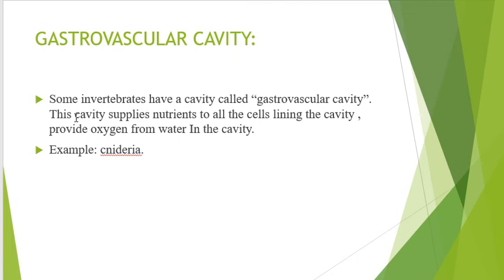In this cavity, the nutrients are supplied to all the cells in the cavity lining, and it provides oxygen from water, and other materials are also transported from the water to the lining of the gastrovascular cavity.